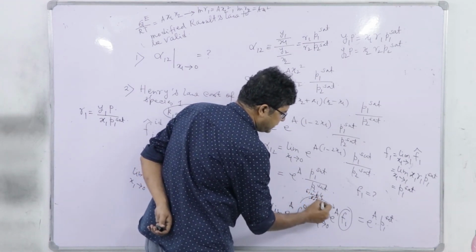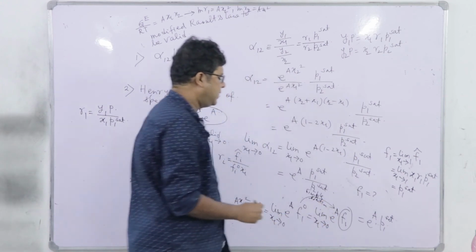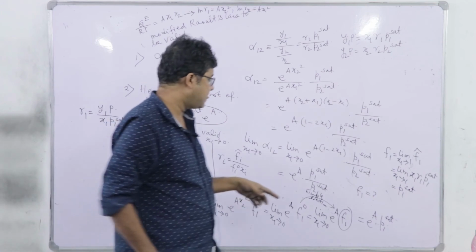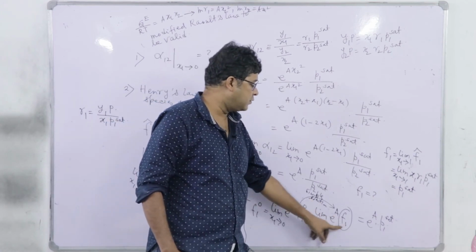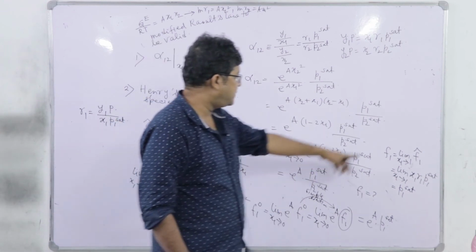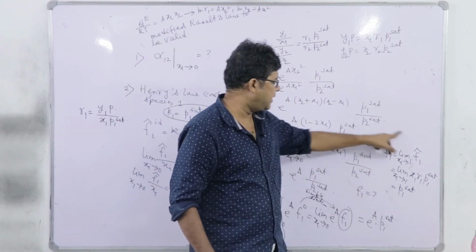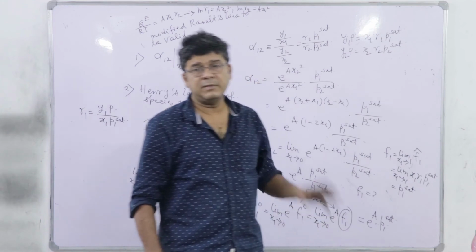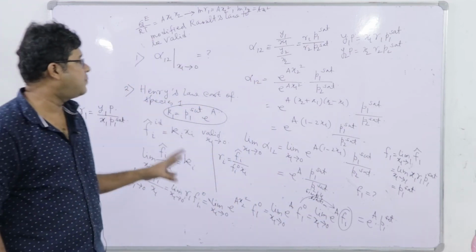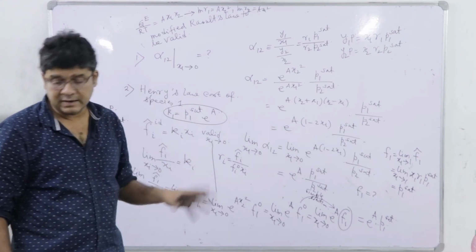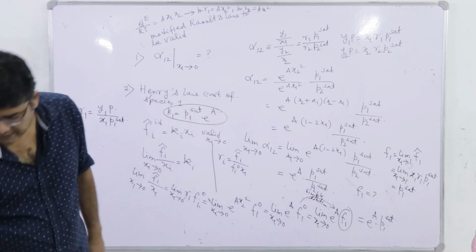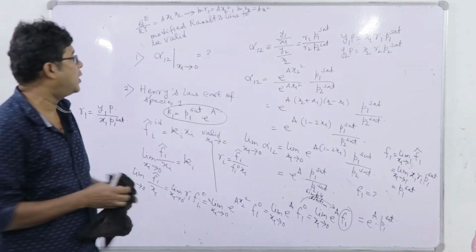Simple solution means all the components in pure form exist in the same physical state as that of the solution. So, now it is a question of how to solve this pure species fugacity. Pure species fugacity we have solved in this way, and from there I am giving the answer as e to the power a into P1 sat. The second part of this problem is quite conceptual, and you have to understand it from this idea point of view.